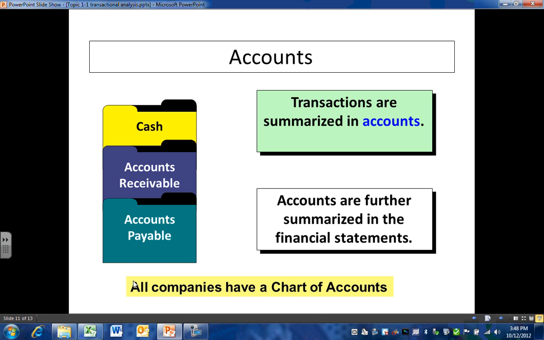Companies will establish a chart of accounts that lists all of their accounts. Not all of the accounts in the chart of accounts will show up on the financial statements. Instead, we'll take similar accounts. For example, a business might have 25 or 30 different bank accounts. Well, we'll group all of these together and present one element on the balance sheet for cash, not 25 separate cash accounts.